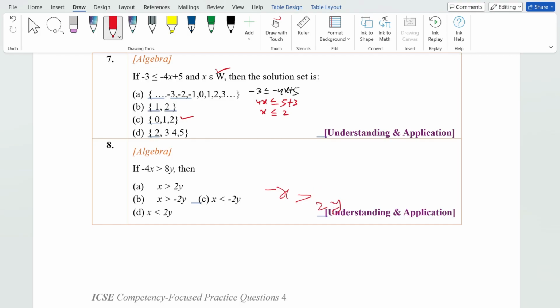So x less than minus 2y is the answer, because when minus is multiplied on both sides, the sign will be changed. So this will be less than minus 2y.